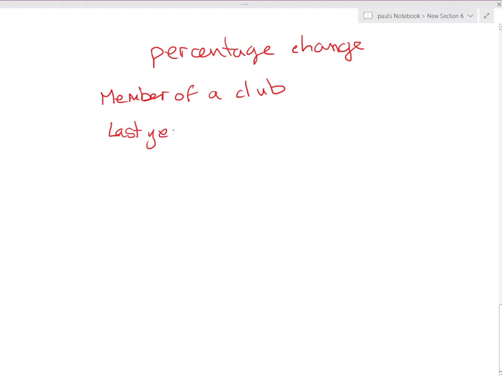Last year it was £85 a year to belong to the club. This year it's 110. Prices have gone up. What's the percentage change going on between these two numbers? What percentage has it increased?